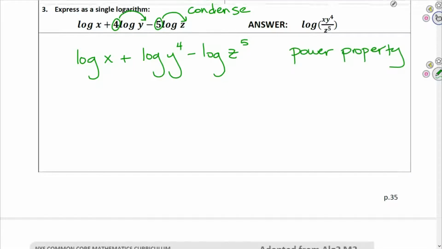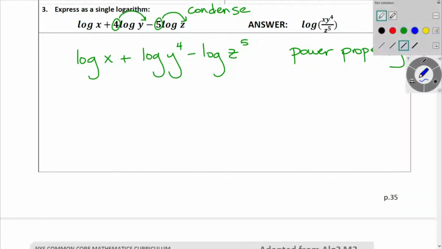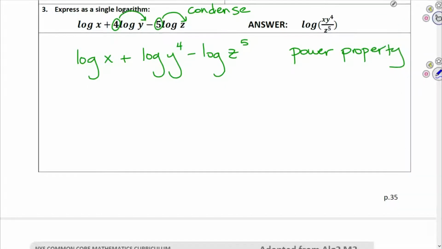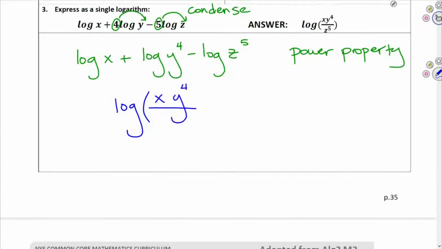Okay, and now that I have the log of something plus the log of something minus the log of something, I'm going to use the product and division property at the same time and write this as a single logarithm. The log of x is positive, so x goes in the numerator. The log of y to the fourth is positive, so y to the fourth goes in the numerator.